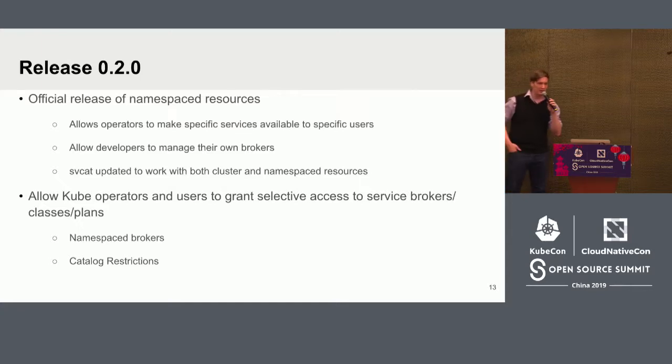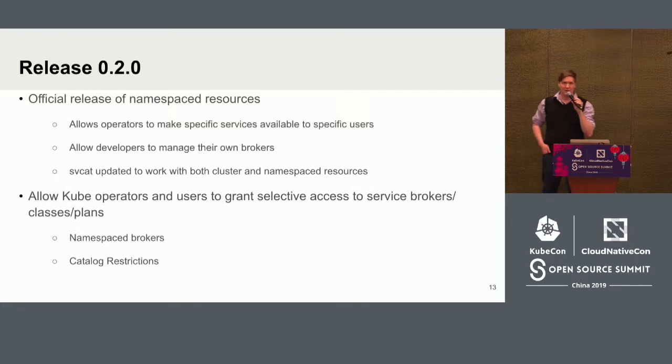of namespace resources. So previously, brokers, plans, and classes were only available as cluster-wide resources, which meant when a broker was added to the Kubernetes cluster, it would be available cluster-wide to all users. And in the interest of allowing operators to restrict access to certain services, to namespaces, or even further, we added a couple of features, the main one of which is namespace versions of those resources.